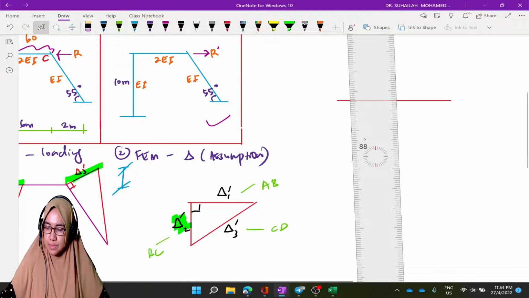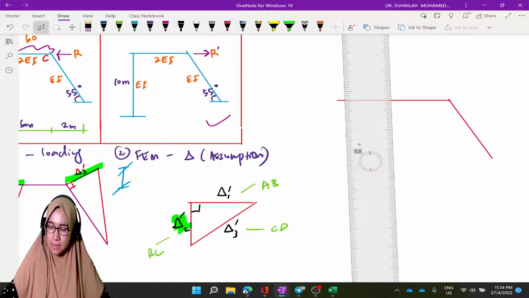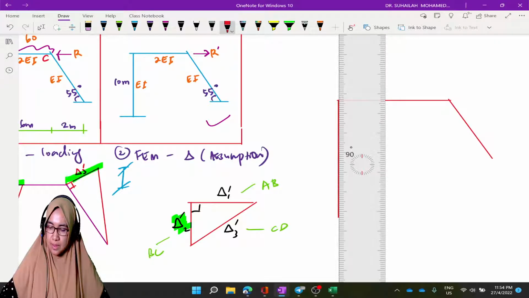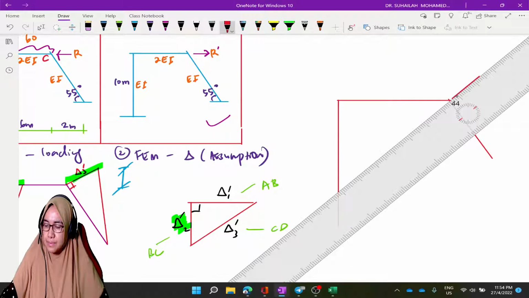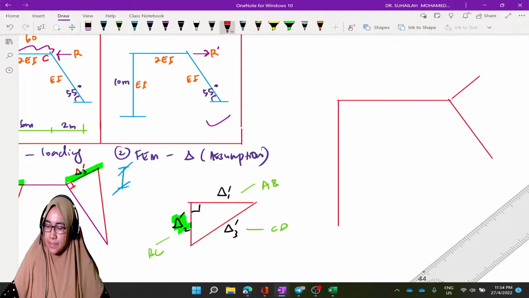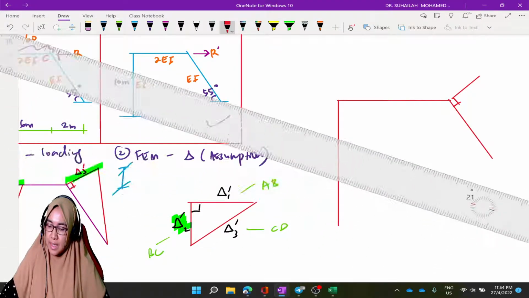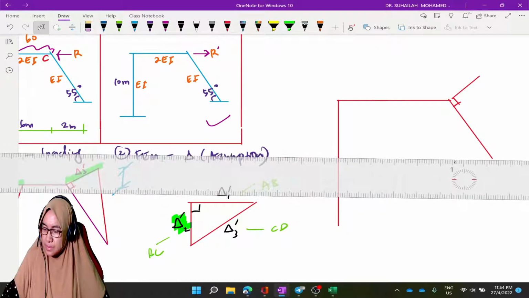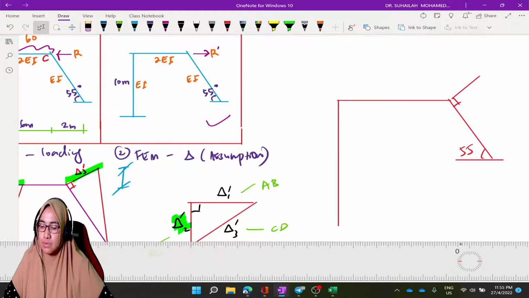This is the angle, 90 degree. So the angle is 55, which is located here.